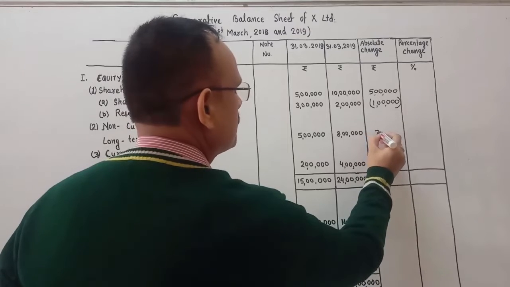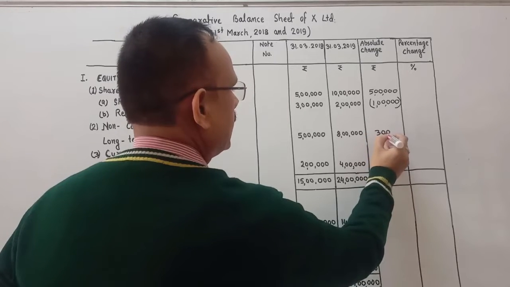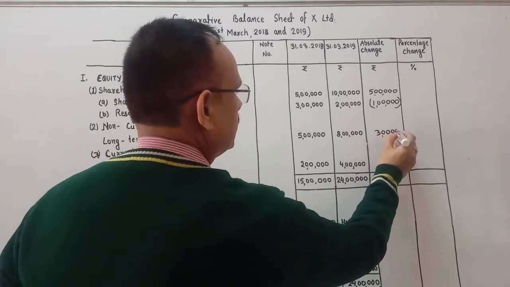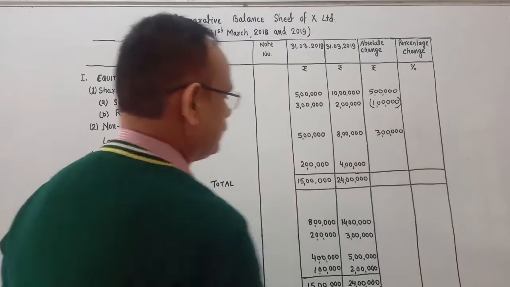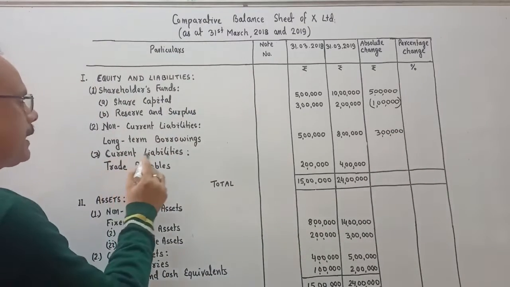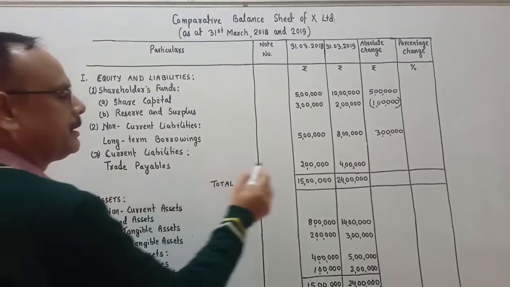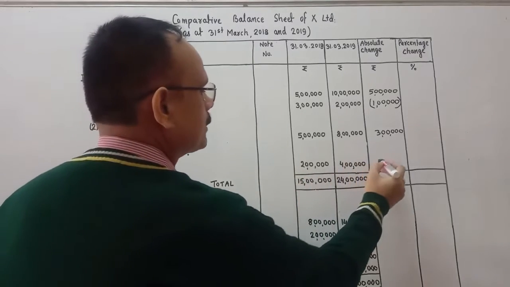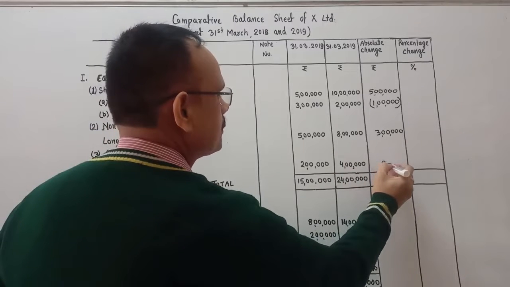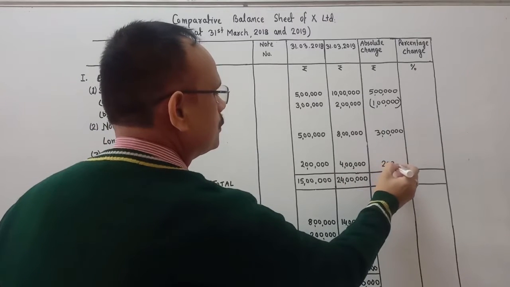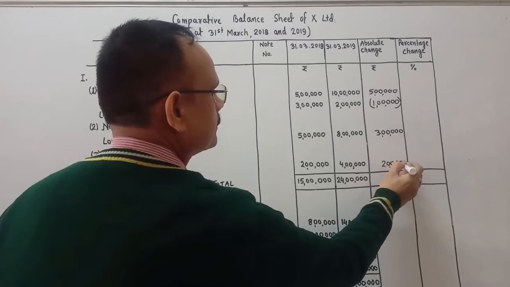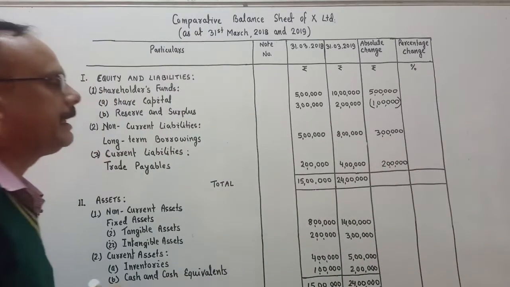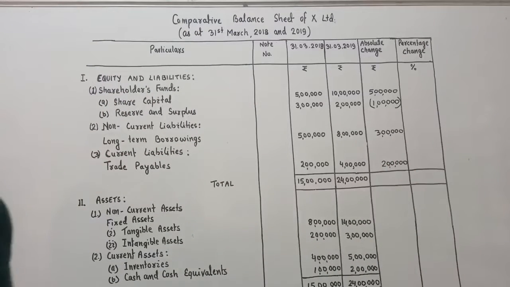So it is increased by 3 lakhs. Under the current liability, trade payables, the 2018 figure is 2 lakh and the 2019 figure is 4 lakh. So it is increased by 2 lakhs. Is it clear? Increased by 2 lakhs.